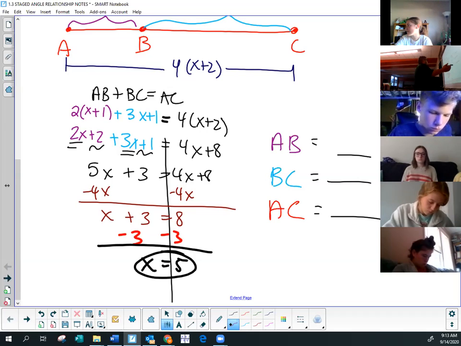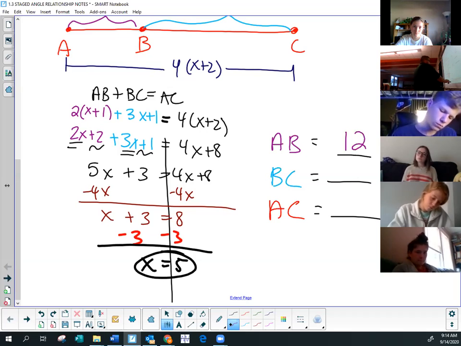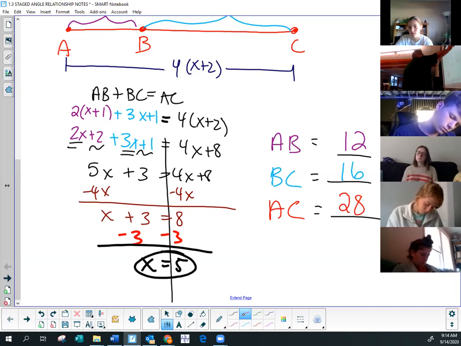Okay, someone please call out what the value of AB is. 12. Well, BC is 16, which makes AC 28. Very good. I'll confirm all 3 answers.